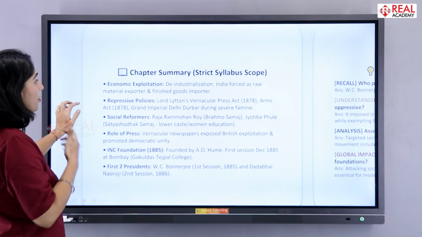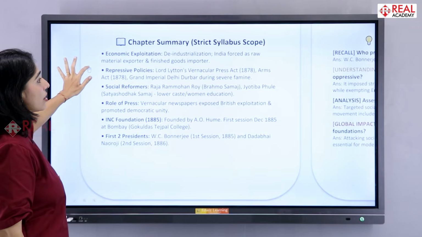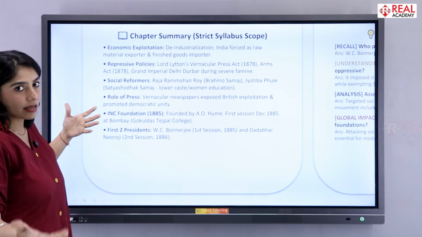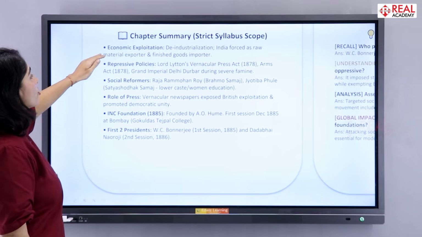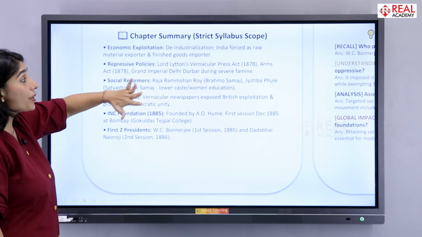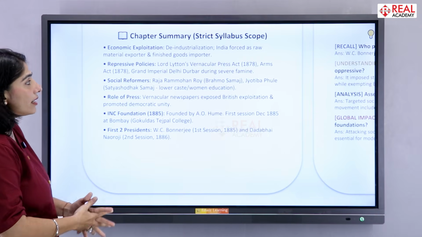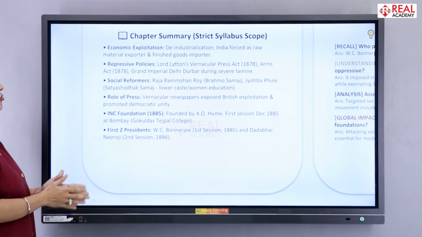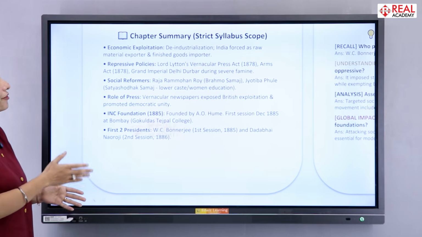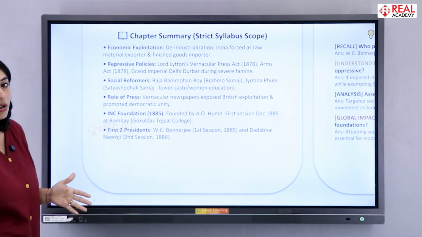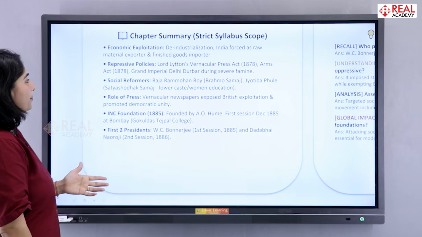So your chapter summary here, first we talk about what enlightened the nationalism here. So economic exploitation, where we all know the deindustrialization. So India first as raw material exporter and finished goods importer. All right.